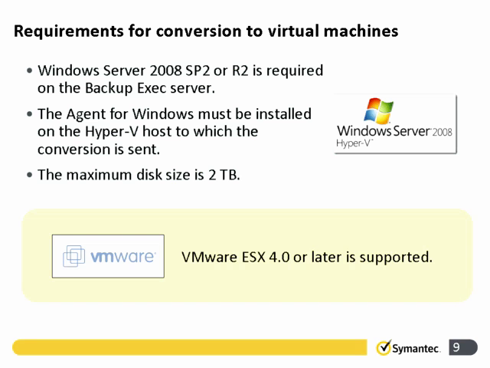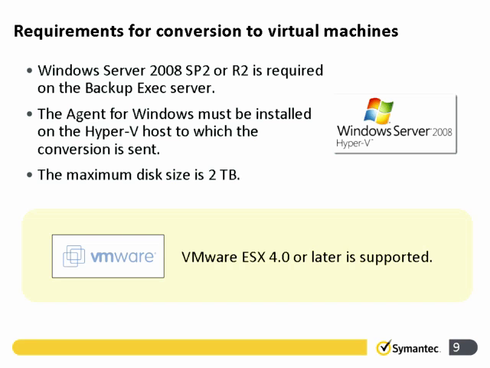For Hyper-V, you must be on Server 2008 Service Pack 2 or Server 2008 R2 on the Backup Exec server. So the Backup Exec server itself must be Windows Server 2008 or Server 2008 R2.